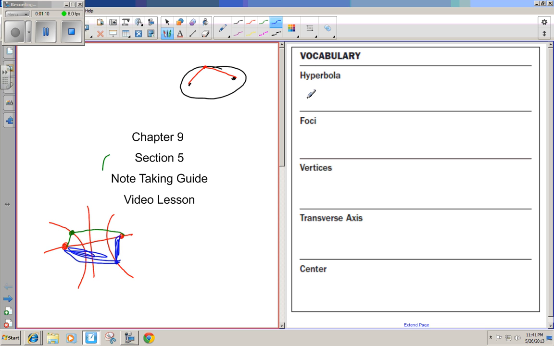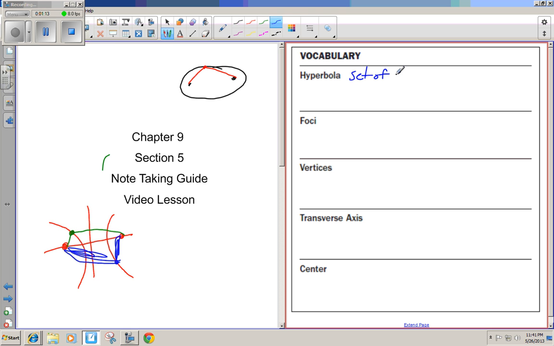So, a hyperbola is the set of points where the differences of the distances between the point and two fixed points is constant.